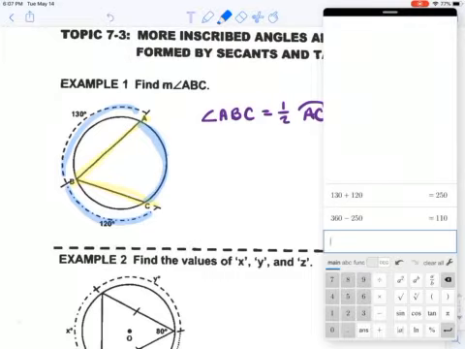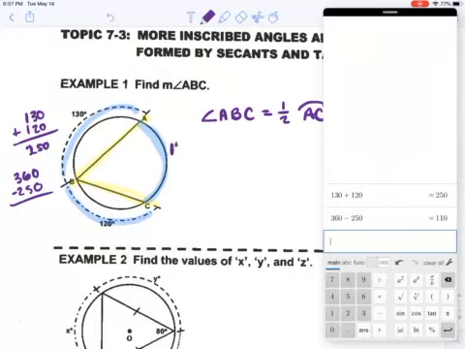And then we're going to take our 250, and we're going to subtract it from 360. 360 minus 250 will give you 110 degrees.